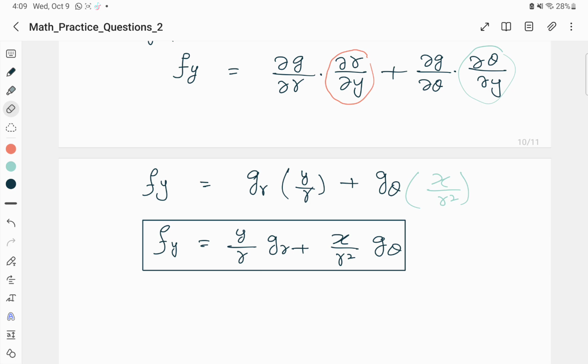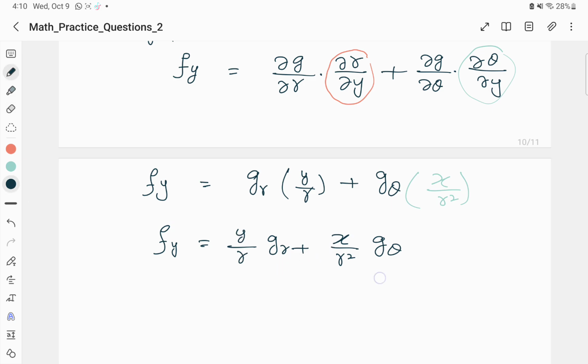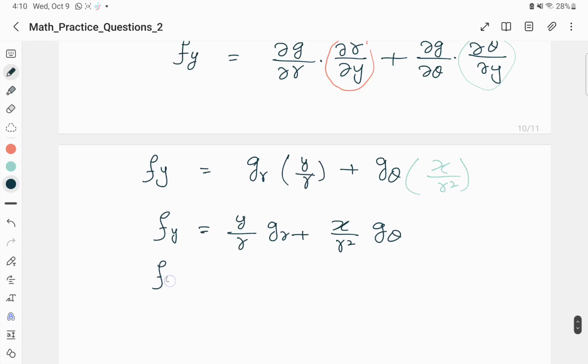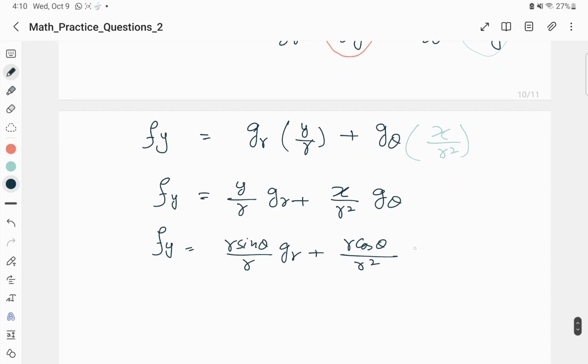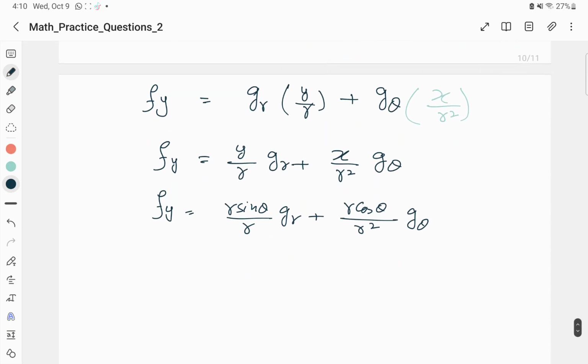But essentially the question asks that we are looking for fy in terms of r, theta and the partial derivatives of g. So this y and x should be removed. So let's go one step further. It will be fy. So in place of this y I can just plug r sine theta divided by r g_r, plus in place of x we can plug r cos theta divided by r square, this g_theta.